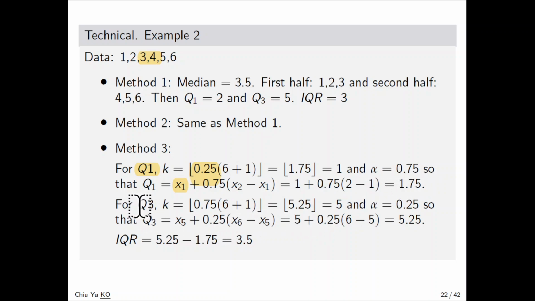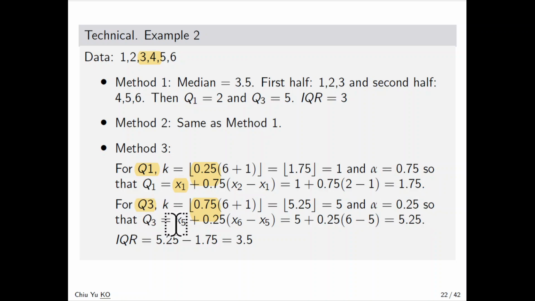In this case, Q3 is almost the same, but now p is 0.75, because the third quartile is 3/4. So 7 times 0.75 is 5.25. The integer part k is 5, and the decimal part is 0.25.